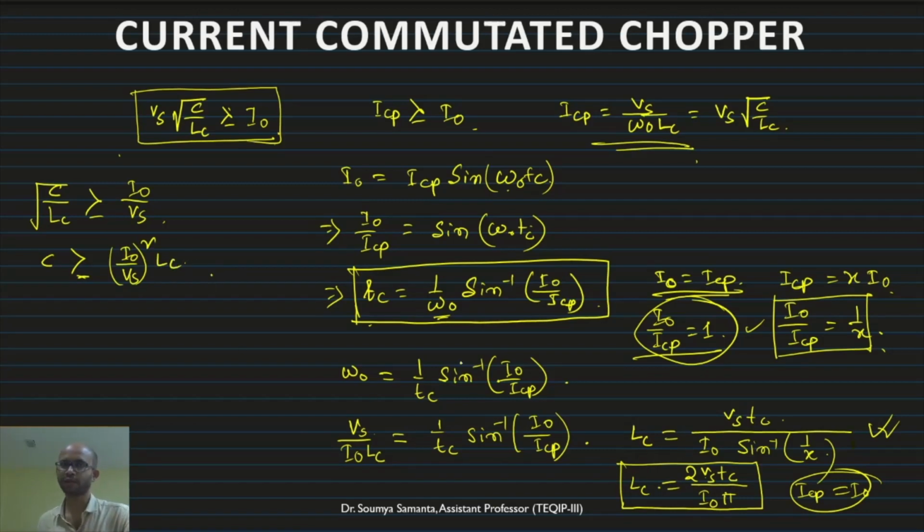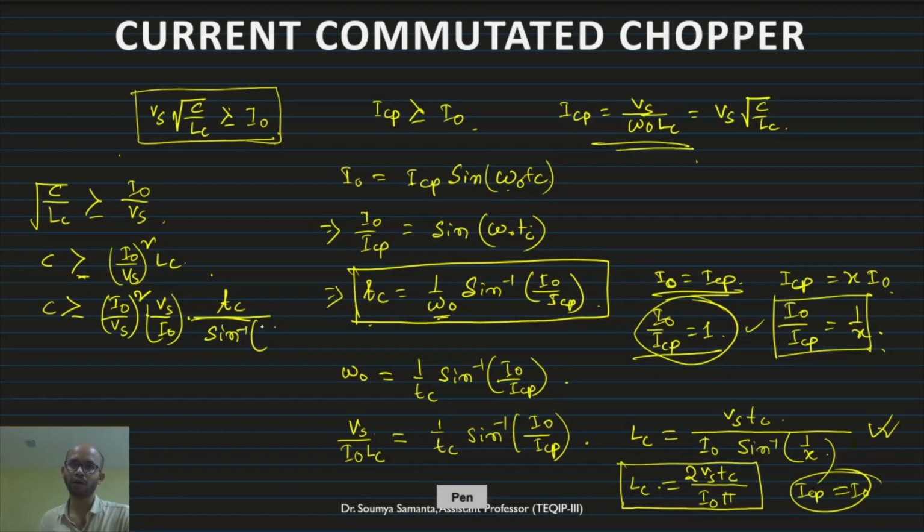Now put the Lc expression here, and we get the final expression of C. C should be greater than or equal to I naught by Vs, times Vs by I naught, squared, where one part cancels out, times Tc by sine inverse of I naught by ICP, which may be 1 or 1 by x.